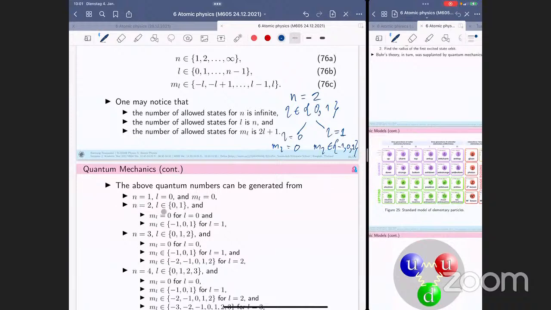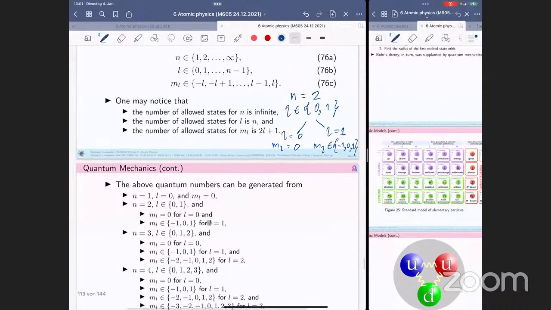When N equals 2, L equals 0 and 1. ML is 0 for L equal to 0, and ML could be minus 1, 0, and 1 for L equal to 1.